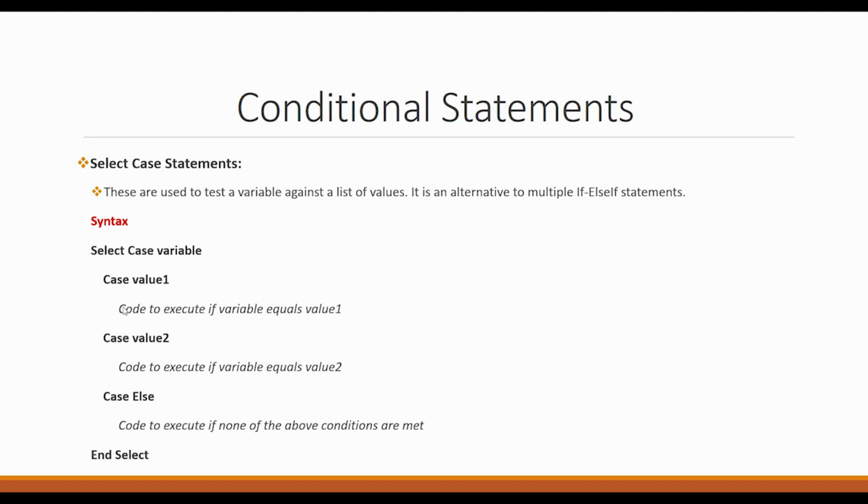Then case else, which is another case. So we have very different values that you can test. Say the variable is A and you are testing if A is equal to 1, then execute something here. If A is equal to 2, then execute this one here.